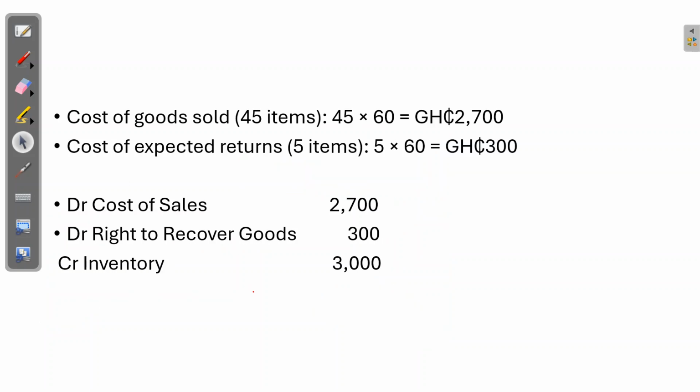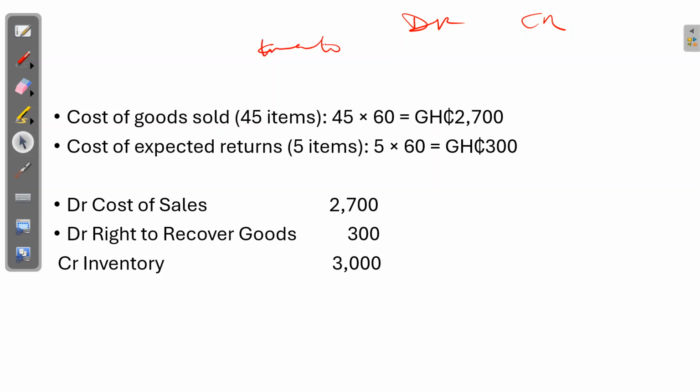Now let's account for the goods themselves. When you sell an item, it affects your inventory and cost of sale. When you sell an item, you credit your inventory, because it is taken out of the inventory, and you debit your cost of sale.